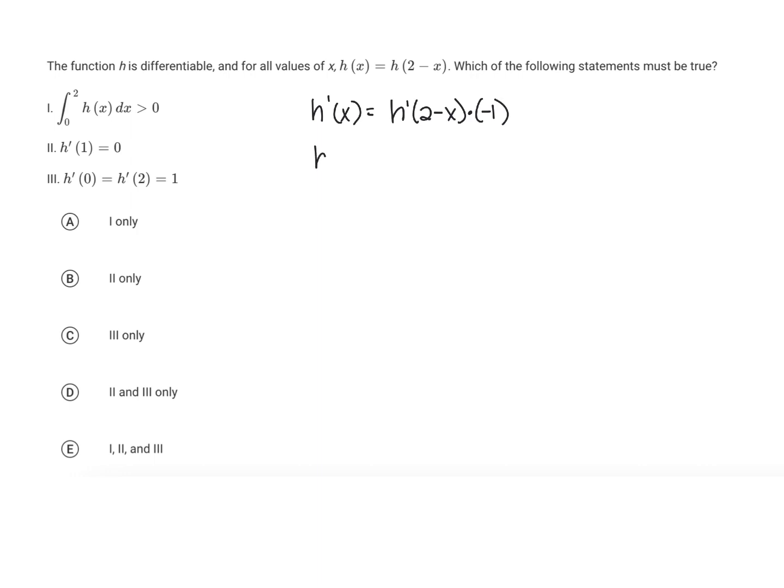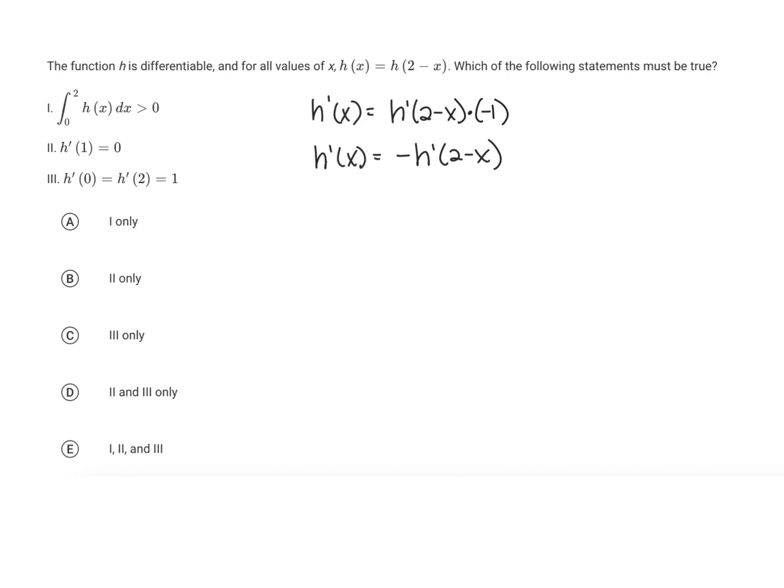So really we get h prime of x equals the opposite of h prime of 2 minus x. And that's what the derivative tells us. Now I'm going to use this idea and deal with the conditions that were given: h of 1, h of 0, and maybe h of 2 as well.